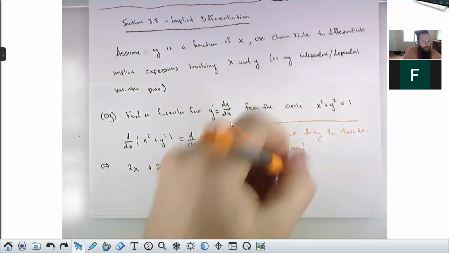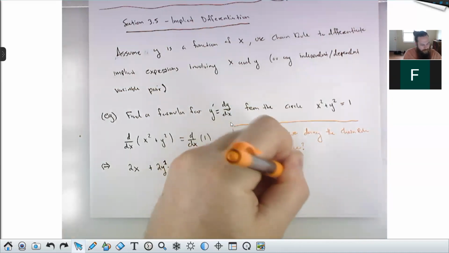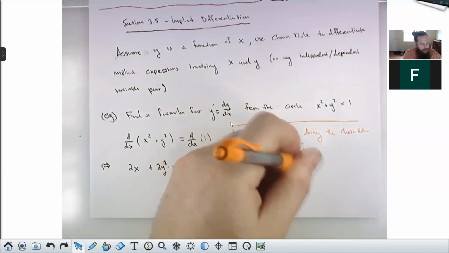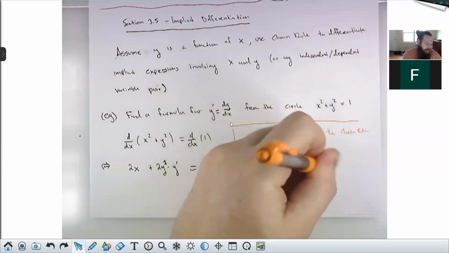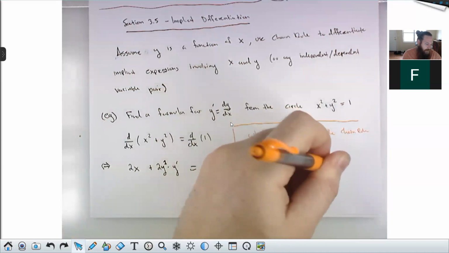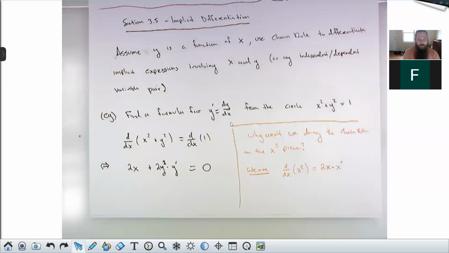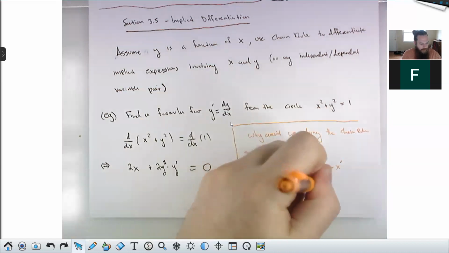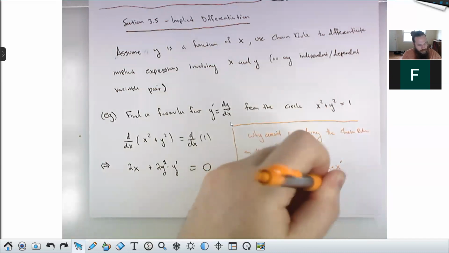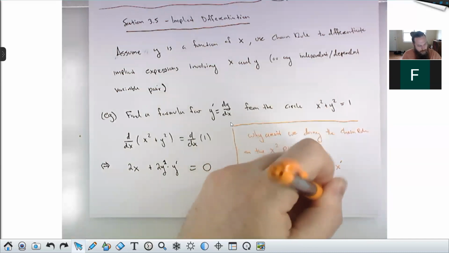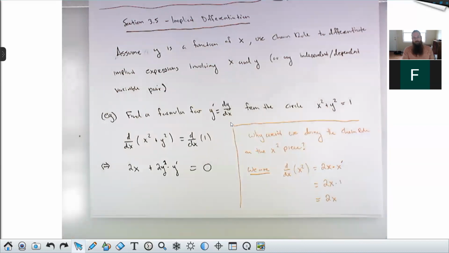I would say we are. If you apply d dx to x squared, you can think of that as 2x times x prime. But what is x prime? What is the derivative of x? It's just 1. This is 2x times 1, or just 2x.